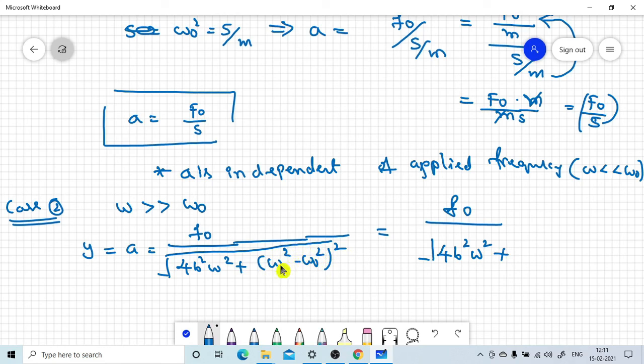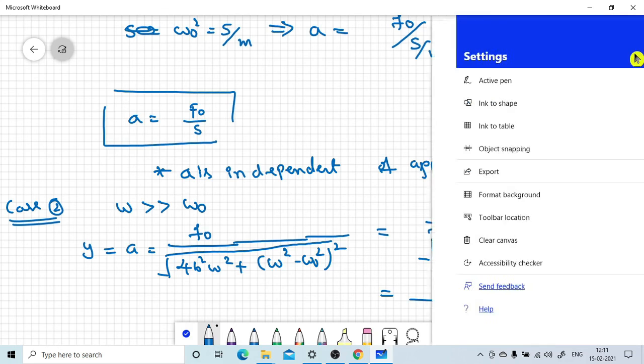A larger value squared gives a much larger value, and a smaller value squared gives a very small value, so we get only omega square, squared.